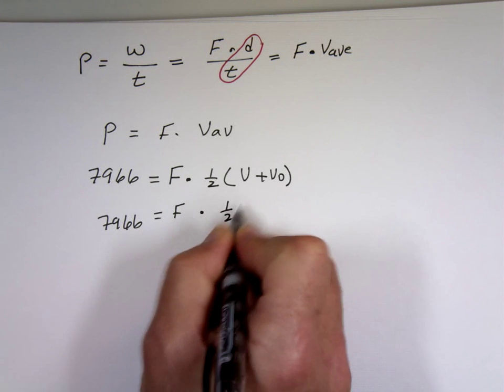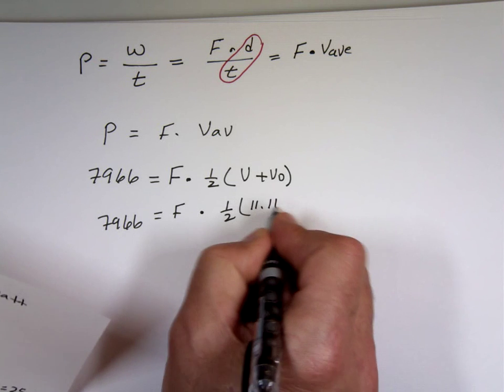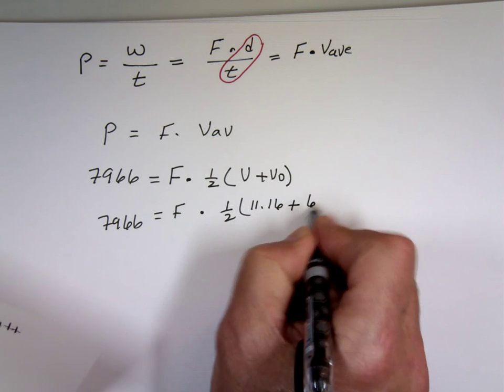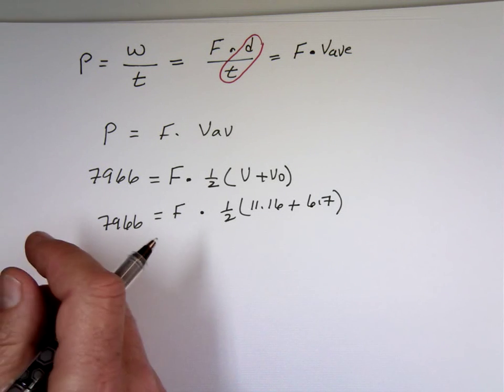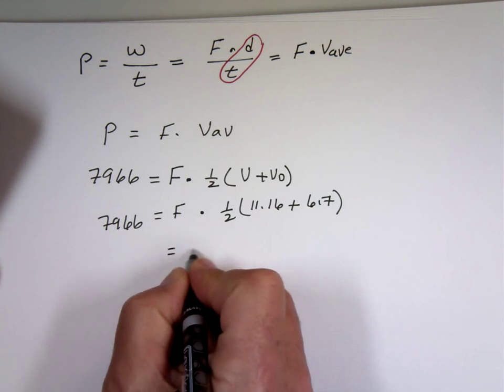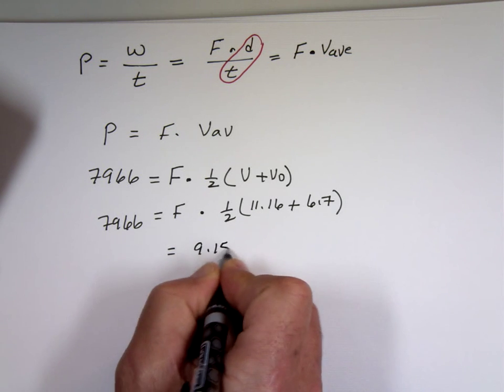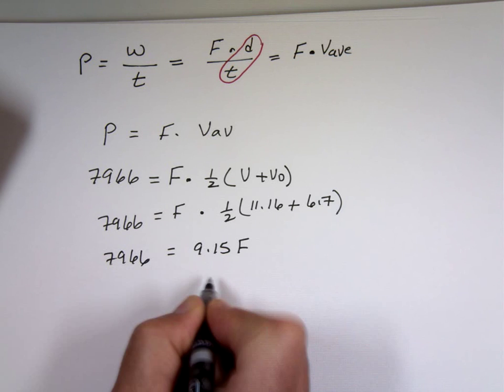What's V final here? The V final was 11.16. What was the V initial? 6.7. So we can calculate what the average force applied was. So this will be 9.15 times F equals 7966 to get the force.